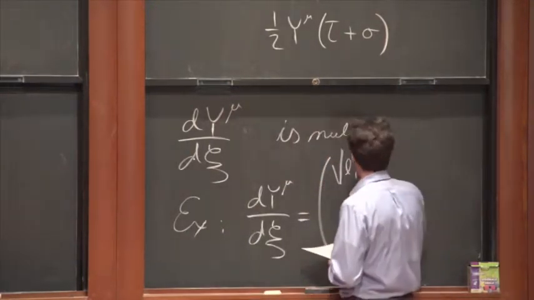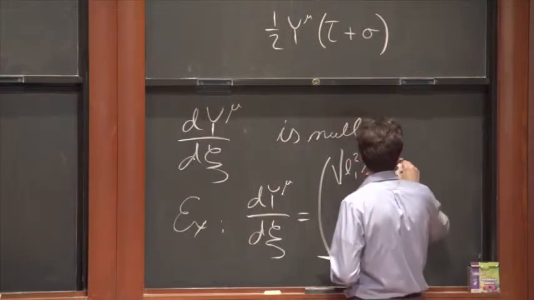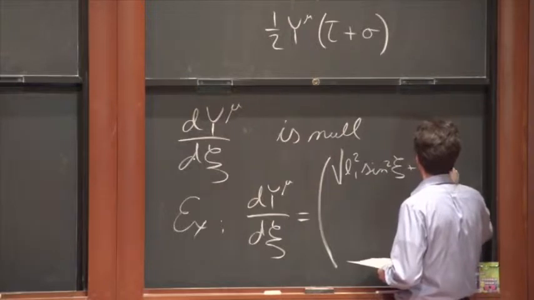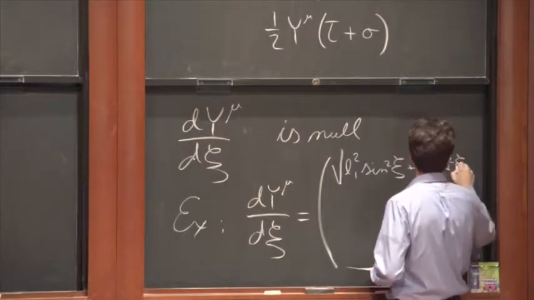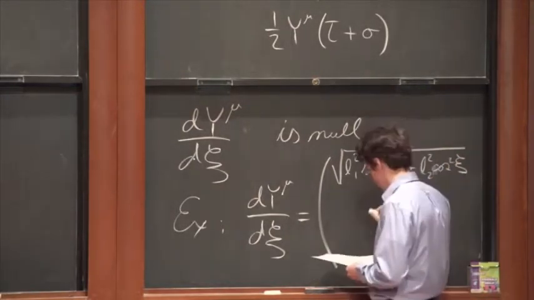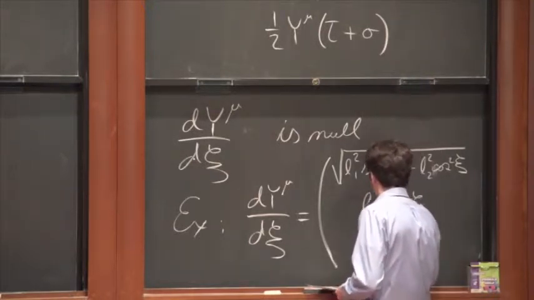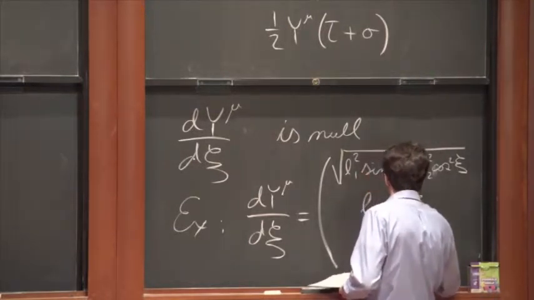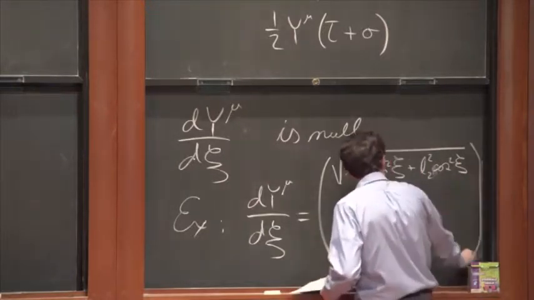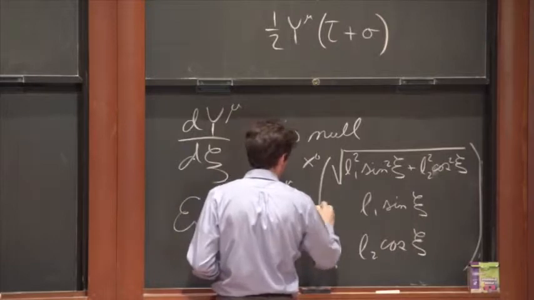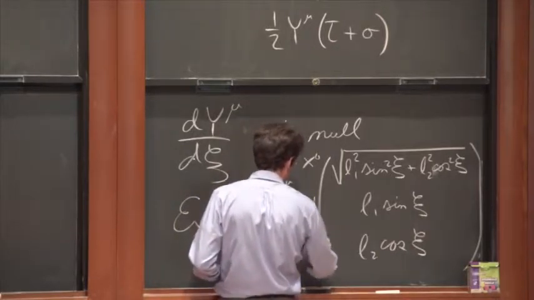Let's say we've got a string whose boundary follows some elliptical trajectory. So this is the x0 direction, this is the x1 direction, this is the x2 direction.